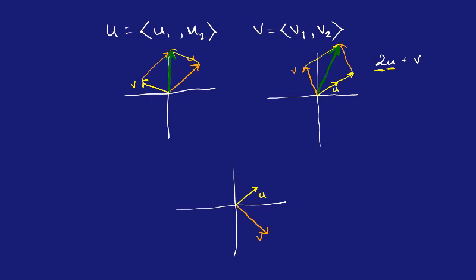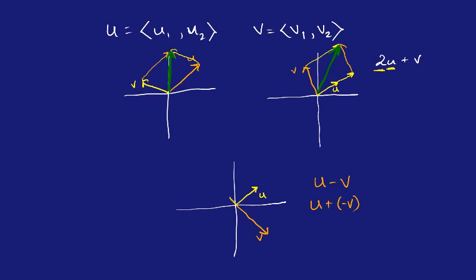So if you have to do, say, u minus v, this would be the same as u plus negative v. So normally in the coordinate plane, when you have a negative in front of a variable, you usually think, okay, I should reflect that over the x-axis. But you have to remember a vector has both horizontal and vertical components, so it's actually going to reflect over the origin. So this would be negative v.